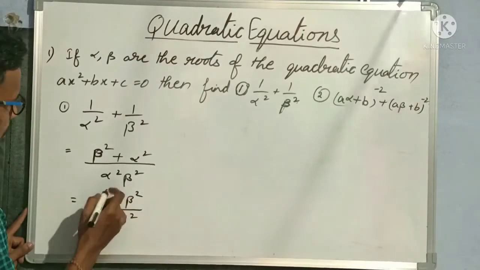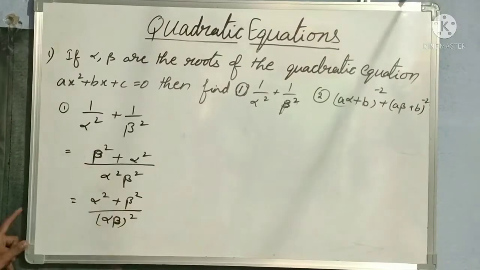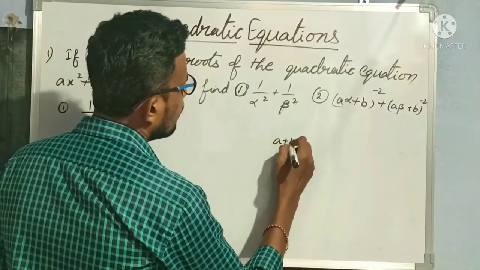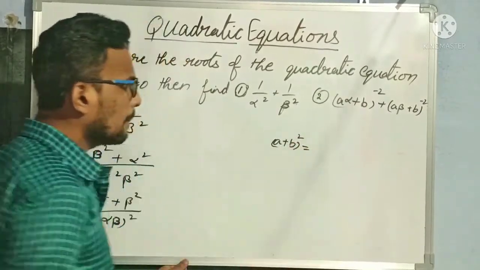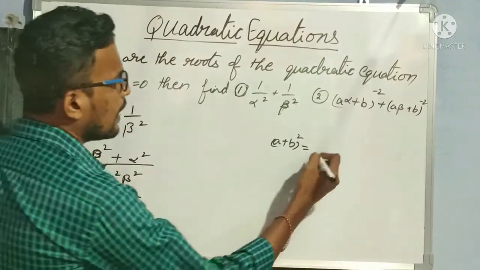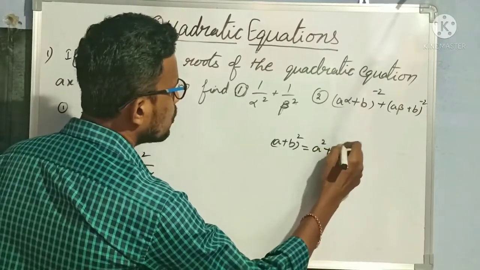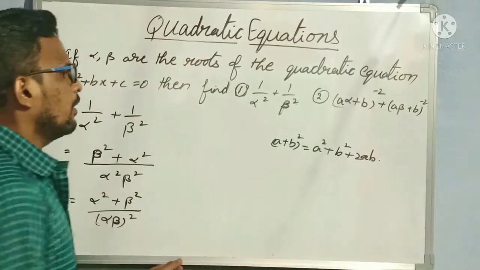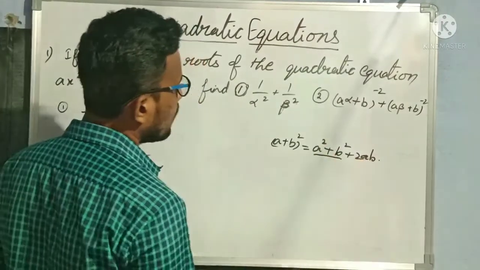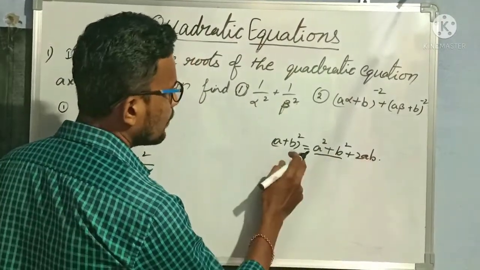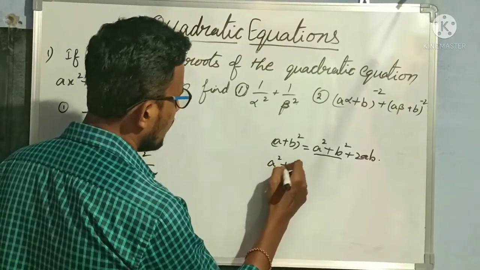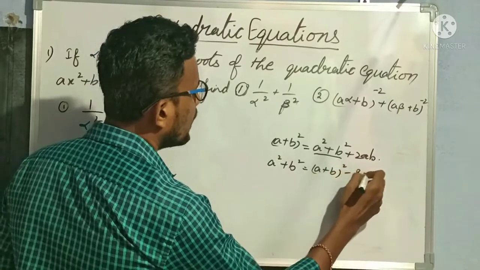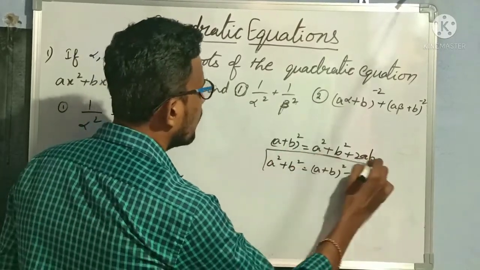Okay? So how to write alpha square plus beta square? See here, what is the formula for (a plus b) whole square? (a plus b) whole square is equal to a square plus b square plus 2ab, right? If suppose I want a square plus b square, then what will I do? I will take this 2ab to this side. So this implies a square plus b square is equal to (a plus b) whole square minus 2ab, right?